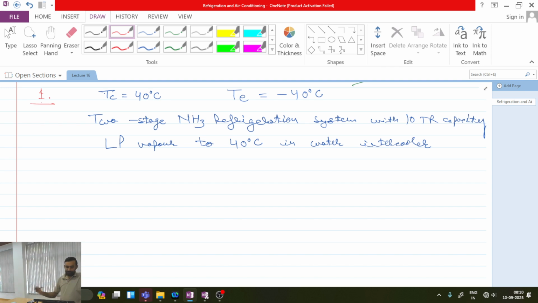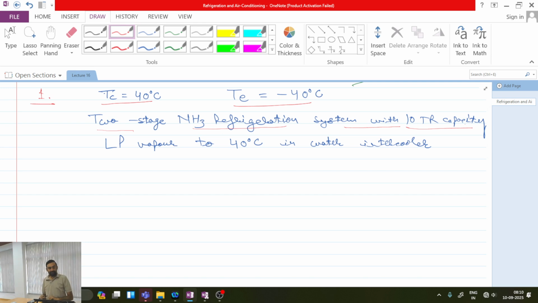Okay, so the question is, what are the key things given? Condenser temperature is given as 40 degrees Celsius, evaporator temperature is given as minus 40 degrees Celsius. It is mentioned that we have a two-stage NH3 refrigeration system with 10 tons of refrigeration cooling capacity. It means refrigeration effect is equal to 10 tons of refrigeration.